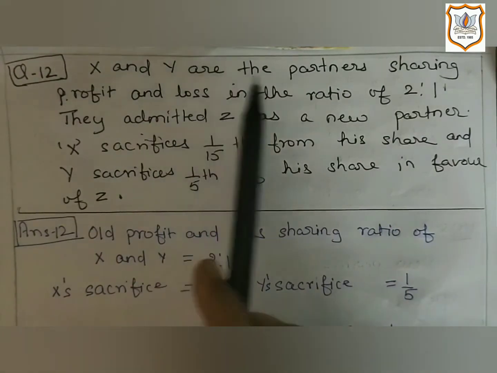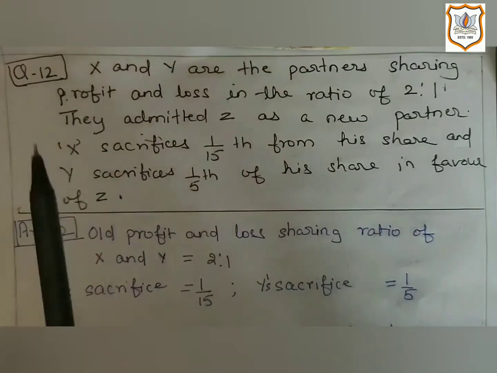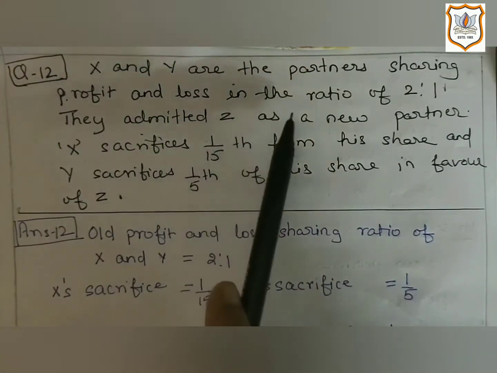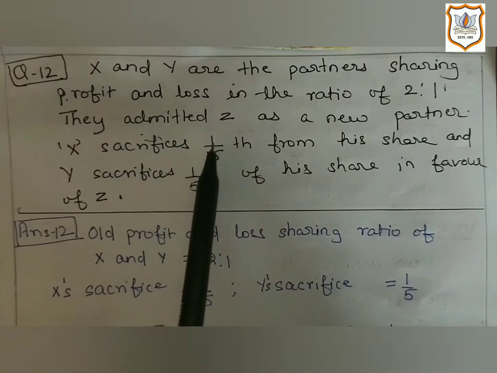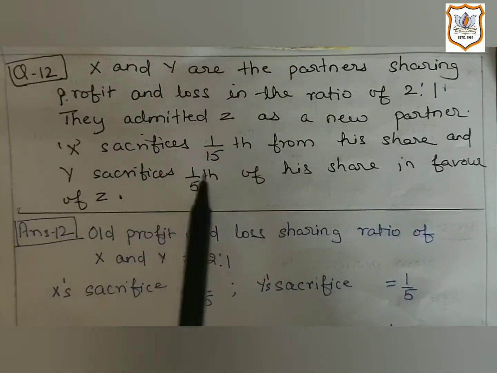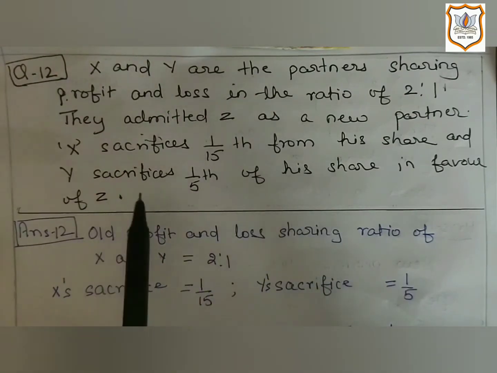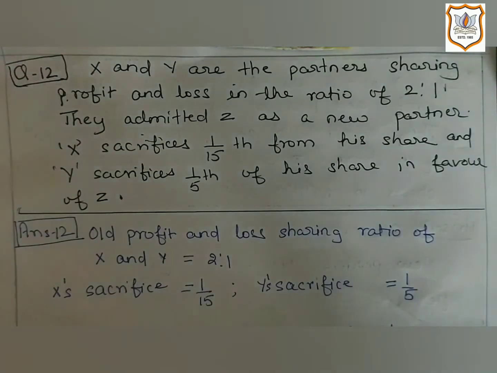X and Y are the partners sharing profit and loss in the ratio of 2 is to 1. They admitted Z as a new partner. X sacrifices 1 by 15th from his share and Y sacrifices 1/5 of his share in favor of Z. So here we are given information regarding old profit and loss sharing ratio, that is 2 is to 1.